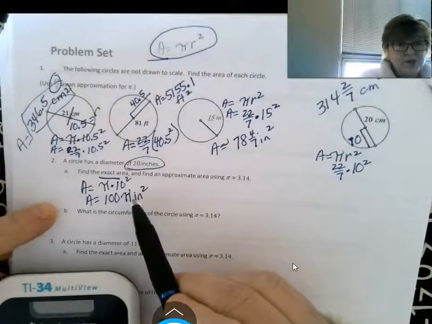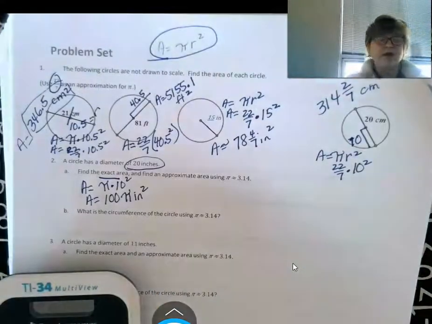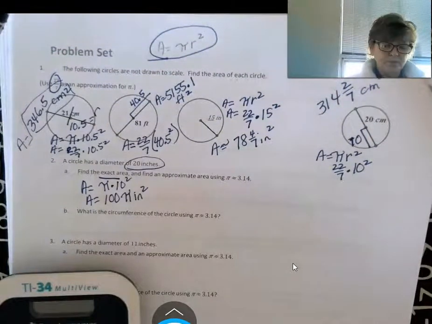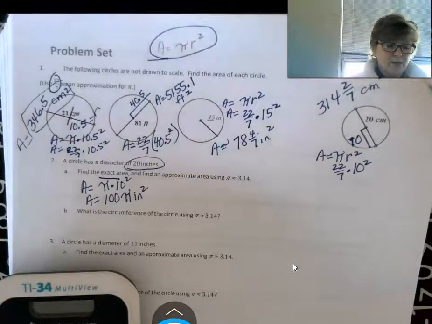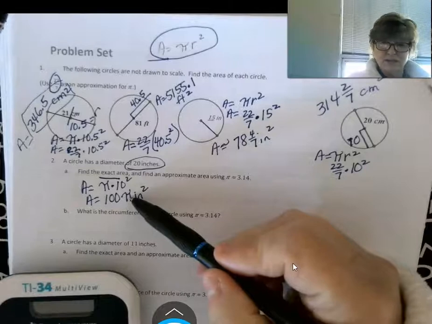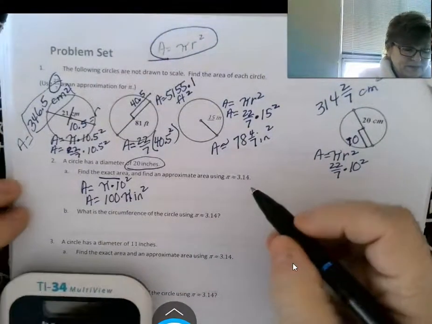Now we leave that pi because pi is a never-ending decimal, which means it goes on forever and ever. So when we give a number value, we're actually giving an approximate answer. If we want to know exact, we have to keep the symbol.